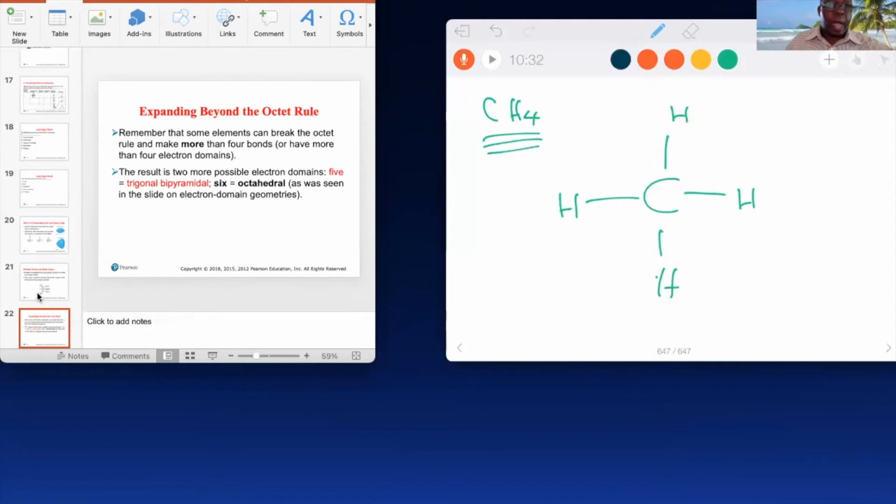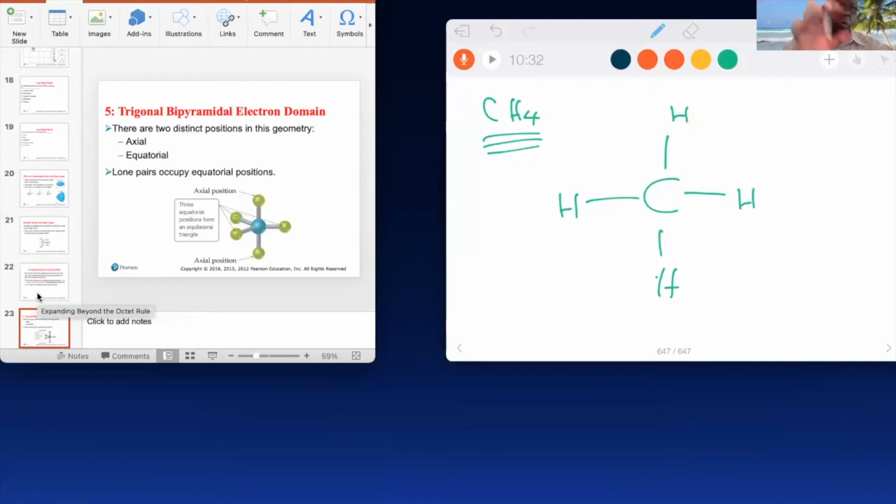Now, this is just a continuation of the molecular geometries. This is second to last, trigonal bipyramidal, which if I use AXE, you will see that we have 1, 2, 3, 4, 5 domains. What I want you to understand is what we mean by equatorial versus axial.